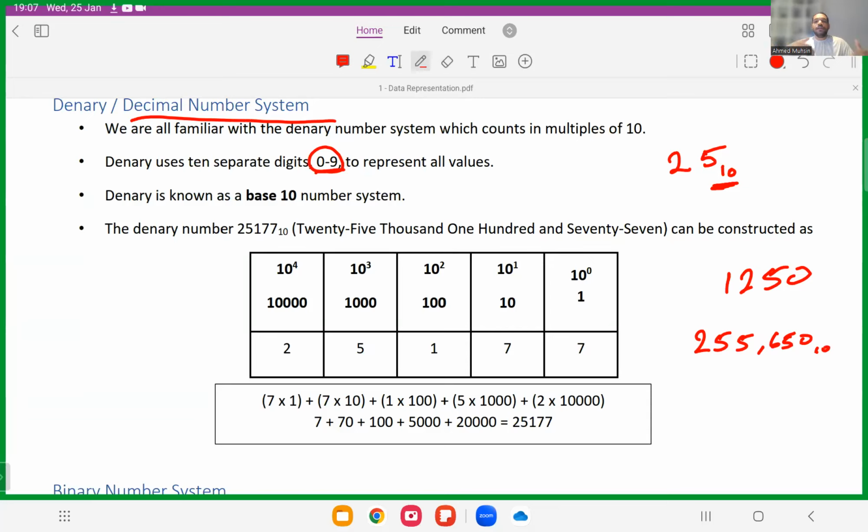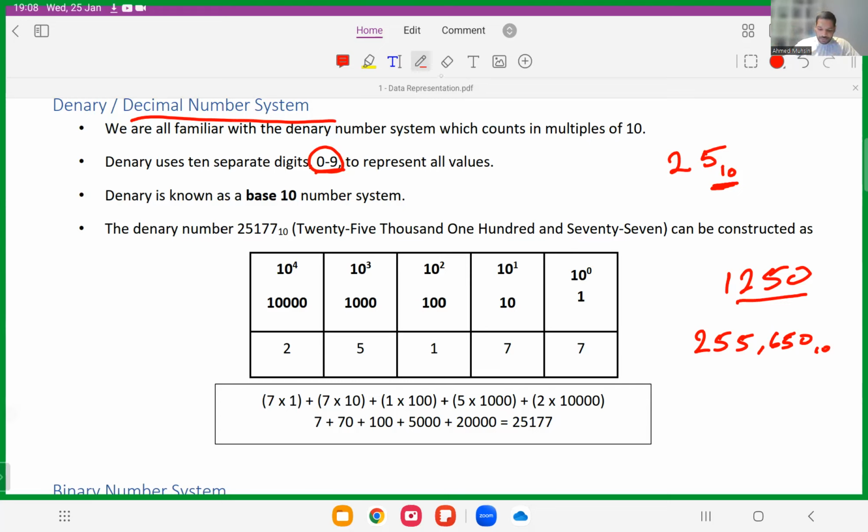You know how to read it, but there's a certain logic in how this number came together. How did it come to 255,650? How did this number come to 1,250? There is a certain way that the number is formed. So that is what we are going to learn now: what is the logic behind it, so that we can apply the same logic when reading binary numbers as well.